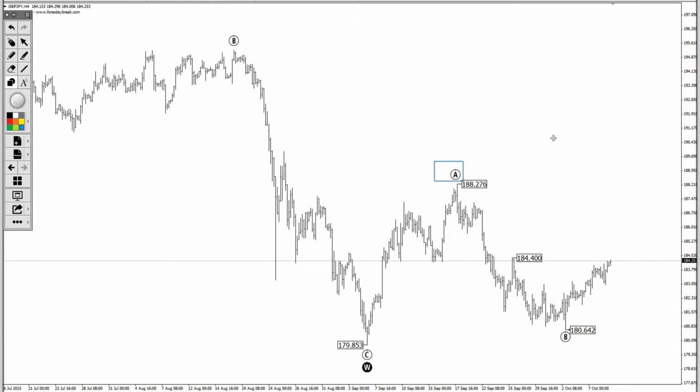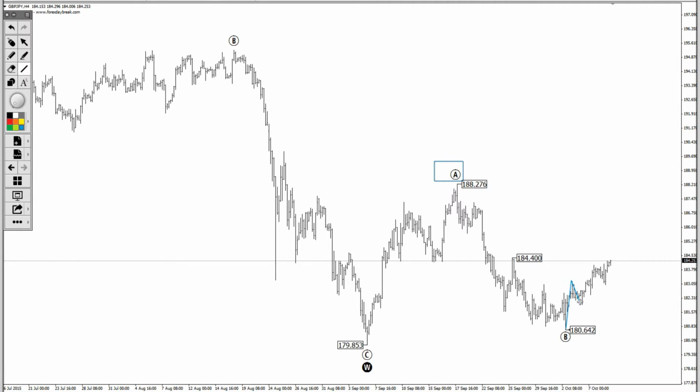Now I have revised it so that we are now forming the intermediate wave X. The recent high is minor wave A, the recent low 186.42 is minor wave B, and now we are forming a minor wave C of the intermediate wave X to the upside.